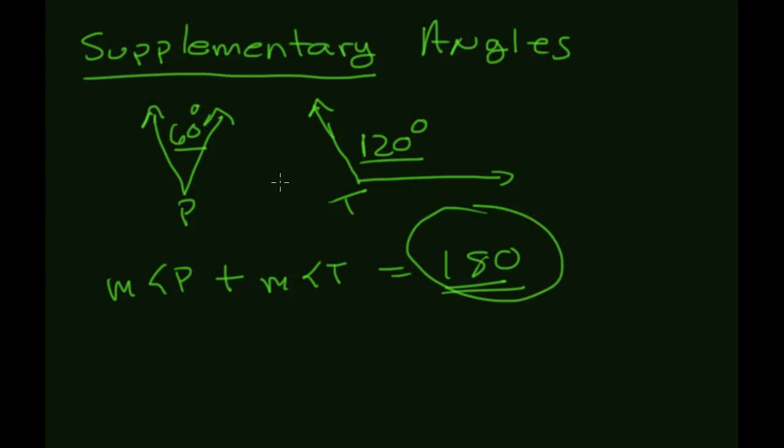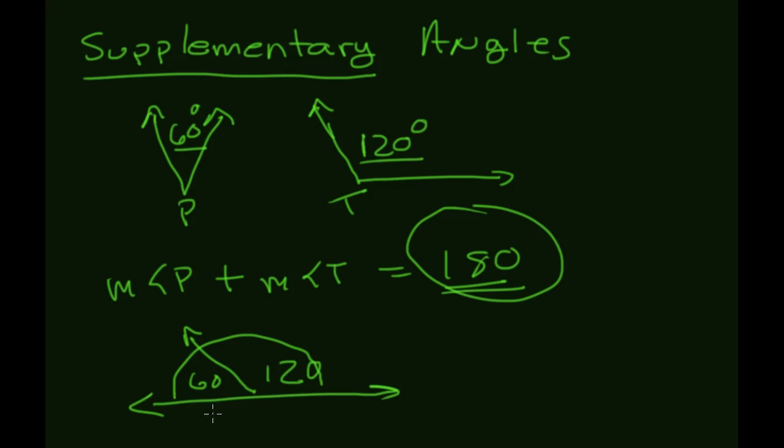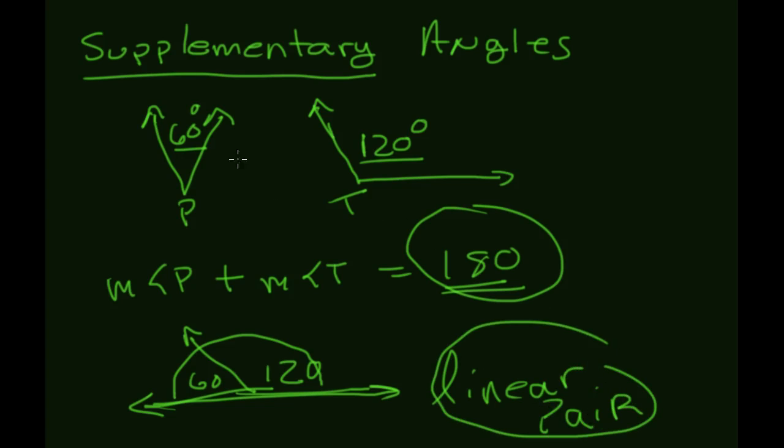Ultimately they have to add up to 180. Now note, they're not near each other. In fact, later on we're going to see that if I have two angles that are next to each other, 60 and 120, that's going to form a line, and we would call this a linear pair. But that's coming down the road. Supplementary just means that if I add them, I get 180.